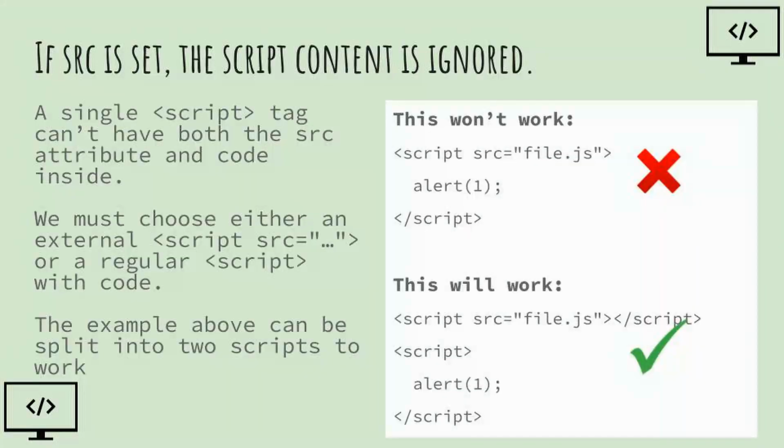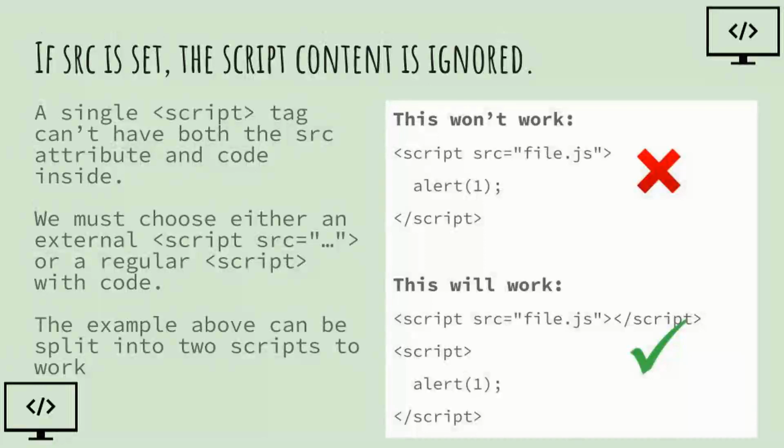Now the most common question that is asked by developers: can we use the same script tag with both the src attribute and write the code inside that script tag? The answer is no. The single script tag cannot have both src attribute and the code inside it.